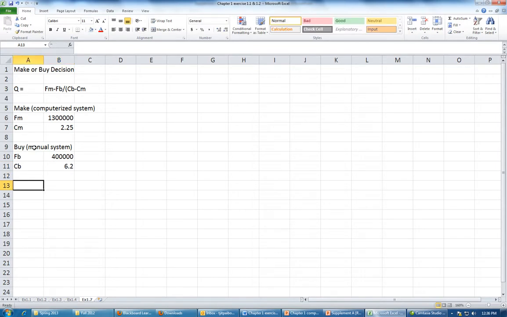Okay, so the break-even point is going to be, you put parentheses, FM minus FB divided by CB minus CM, about 227,848 units.